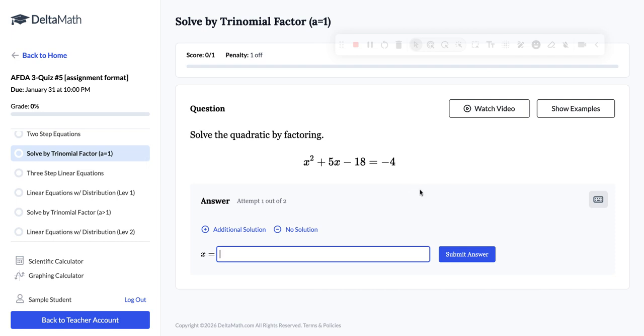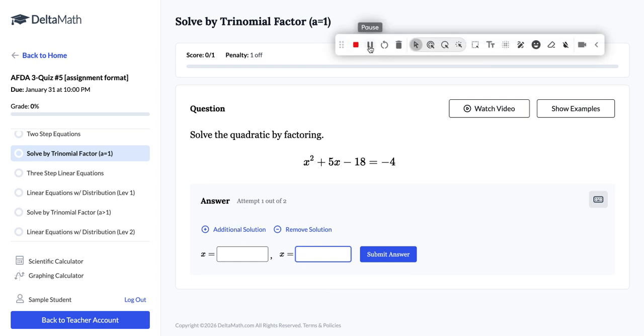But this is a quadratic, so you solve it by setting up the equation in a different way. Also, you're going to have two solutions. All quadratics have two solutions, so click this additional solution.